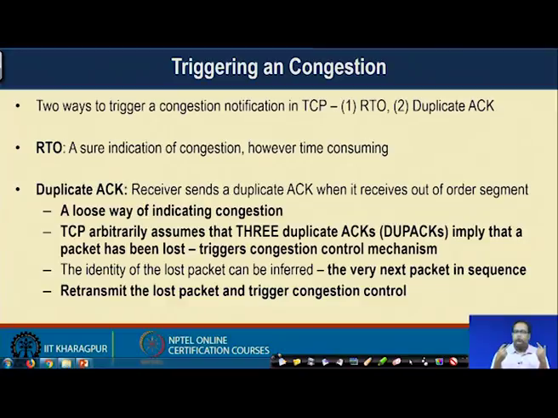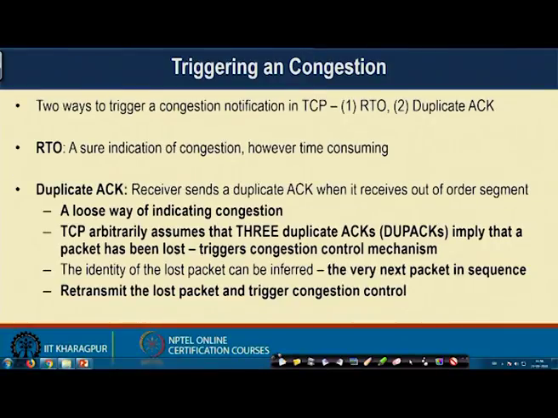As we have mentioned, we normally trigger a congestion response with the help of a retransmission timeout that indicates a packet loss, but there is another way to trigger it. In general, TCP follows two different ways to trigger congestion control. One is the retransmission timeout and the second one is a duplicate acknowledgement. Duplicate acknowledgement means you are continuously receiving the acknowledgement of the same packet.